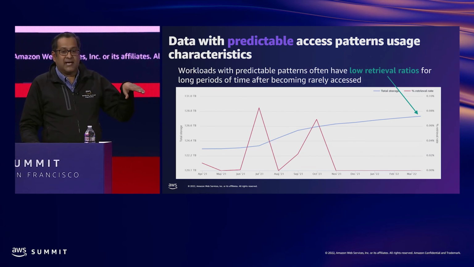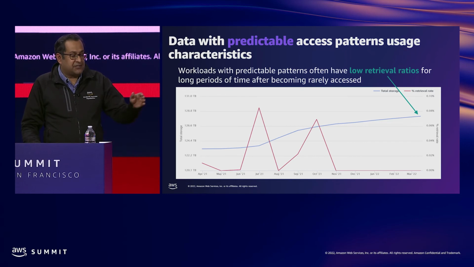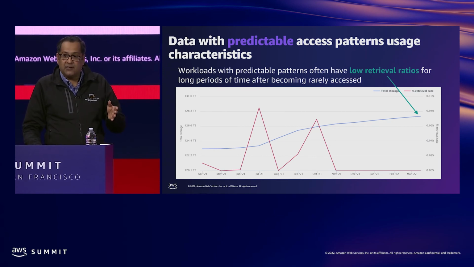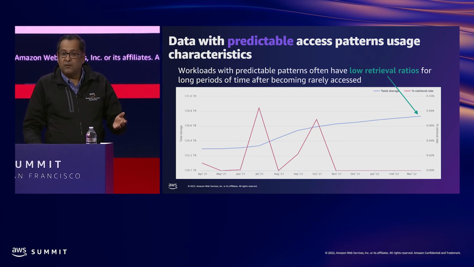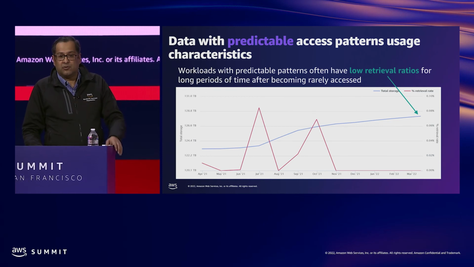The blue line indicates the total amount of storage that you have. Relative to the total amount of storage that you have, you can see that this data cools off after November 21, after a certain number of days. So you know it is kind of cold, and you can make a choice at that point to create a lifecycle rule for that subset of data, if this is a bucket, to archive it, move it to GIR, or to move it into Glacier Deep Archive.